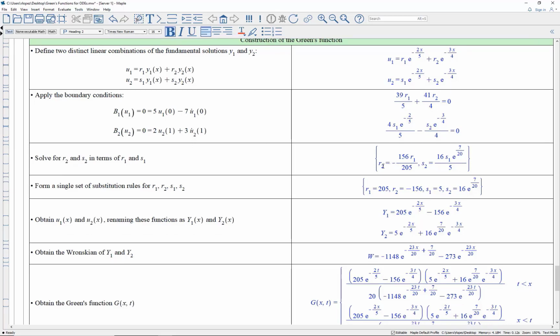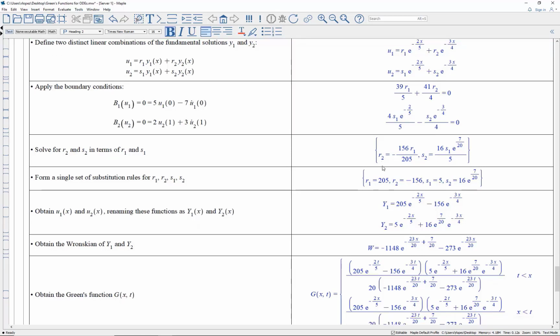So I solve for R2 in terms of R1 and S2 in terms of S1. And because there's some arbitrariness here, I chose R1 to be 205. So that made R2 be minus 156. I chose S1 to be 5.